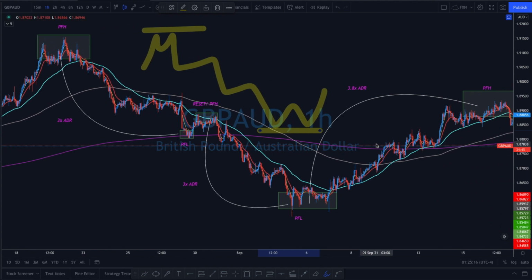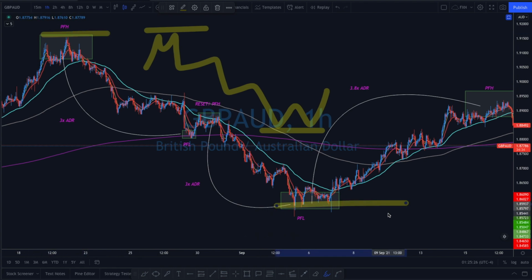Remember, the moves that the market makers are trying to make are already predetermined. So this move from here to here was already predetermined. The question is, how are they going to get there? We know that to make this kind of move, clearly it's going to be more than one cycle. So that's why you have a reset in the middle.